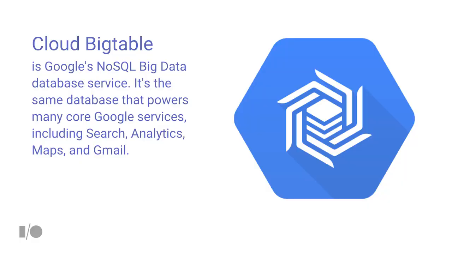And then lastly, Cloud Bigtable is a NoSQL database that Google uses internally for a lot of our core services like search and analytics and maps and Gmail. Essentially it's a key-value type of database, but the keys are sorted lexicographically. So that's great for things like time series data.